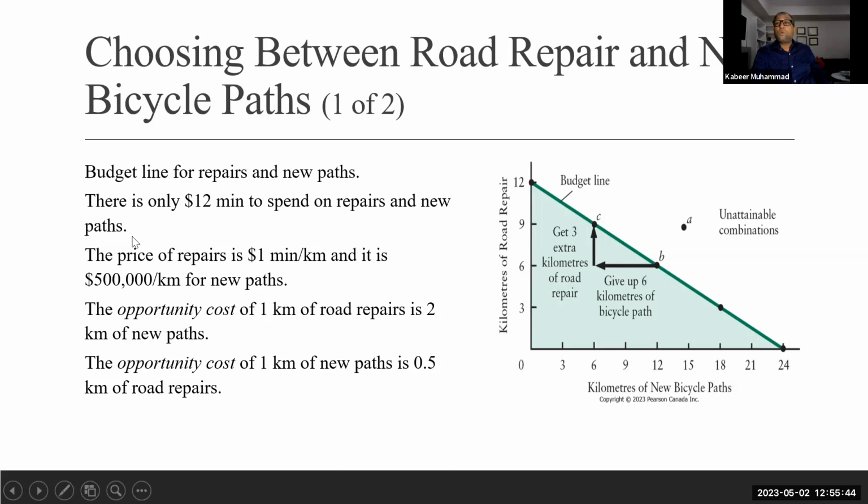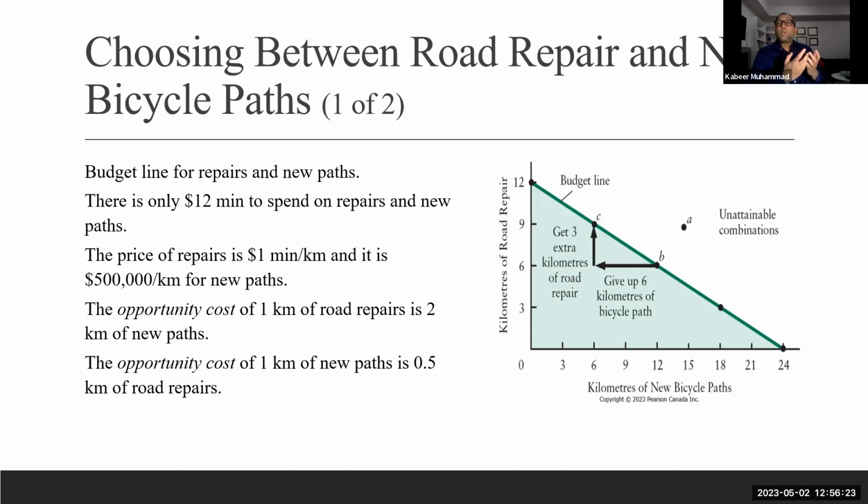Road repair costs $1 million per kilometer, and making a new bicycle path costs $500,000, or 0.5 million, per kilometer.